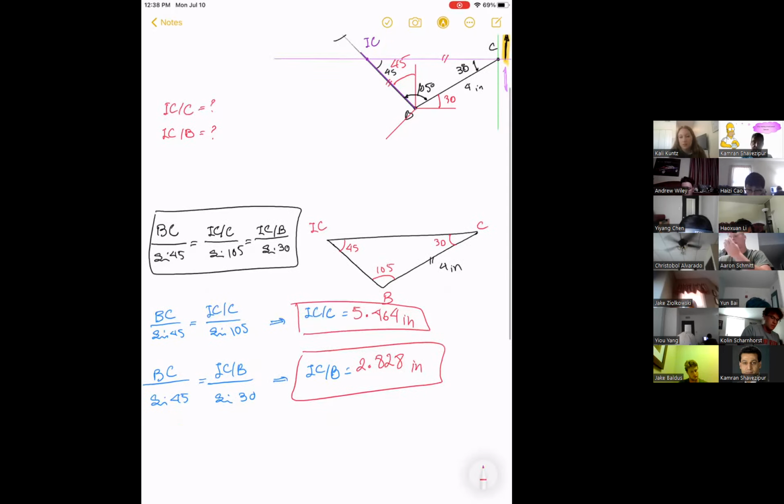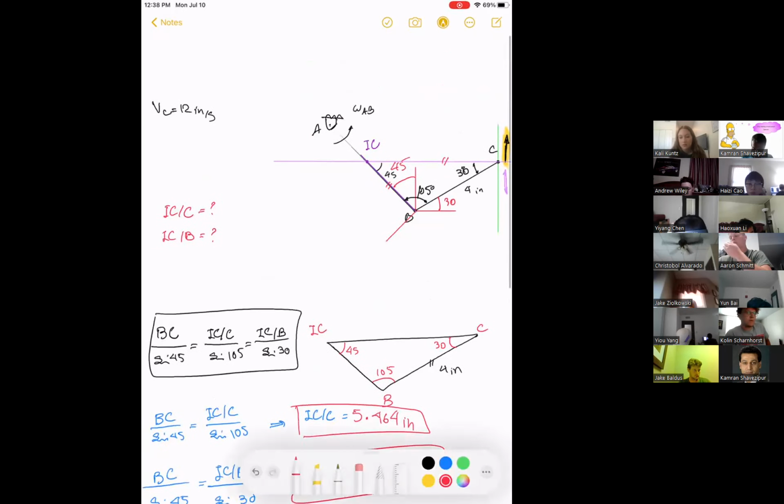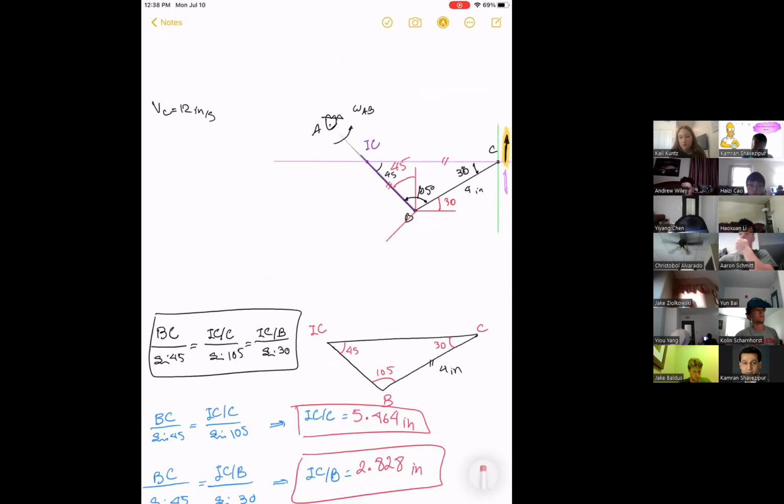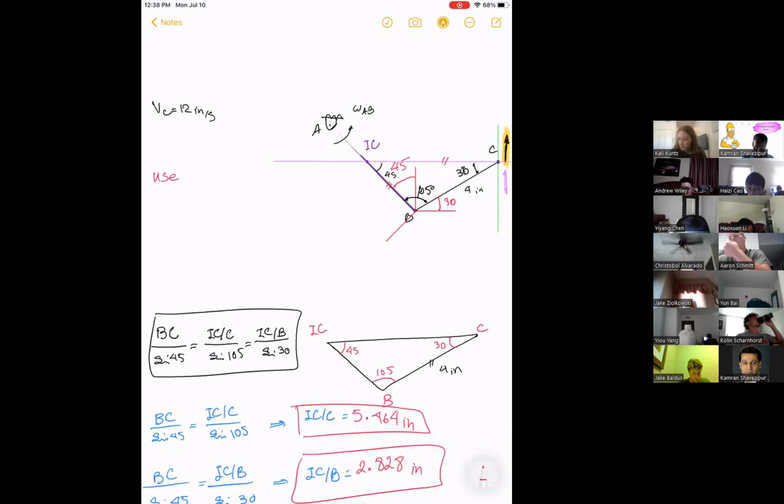Now, again, I'm going to start. Let me just stay around here and erase these things. I'm going to start with the point that I know its velocity, right? So practically, if I use link BC, VC is going to be R IC or ICC, doesn't matter, times omega BC.